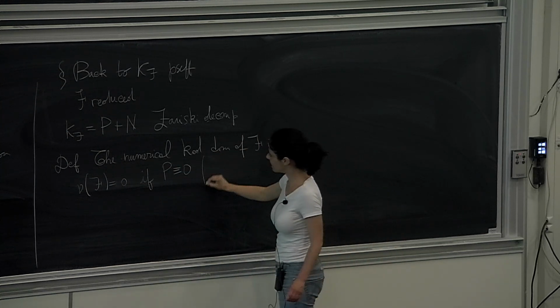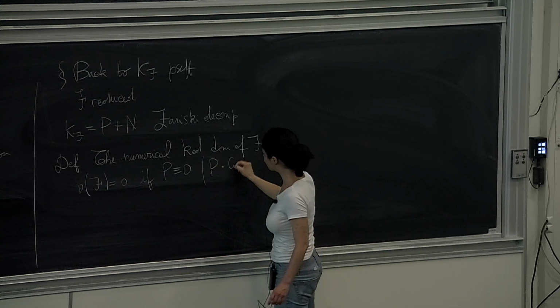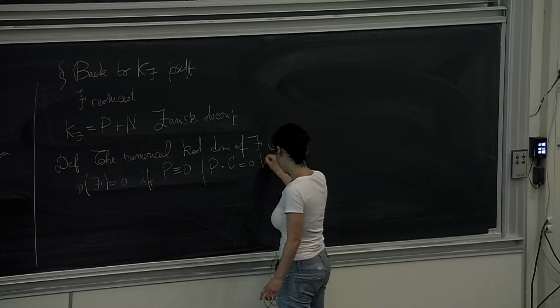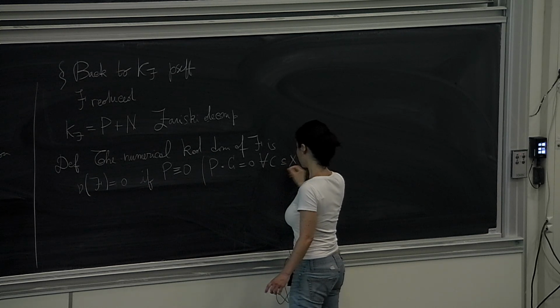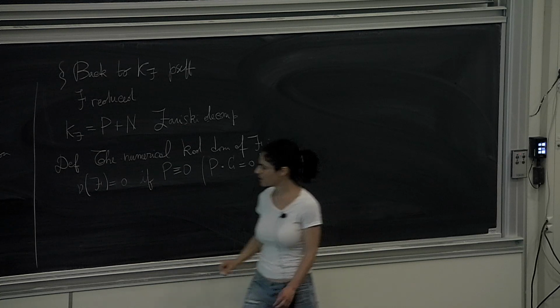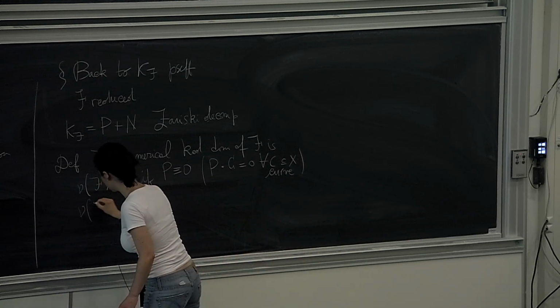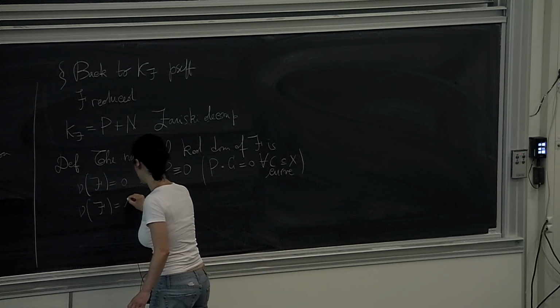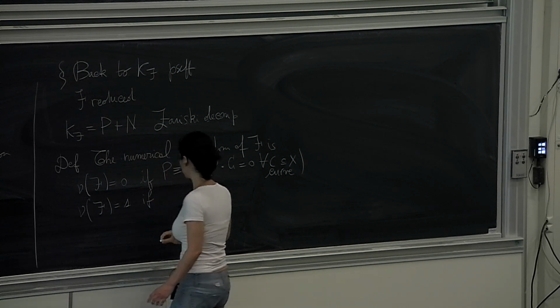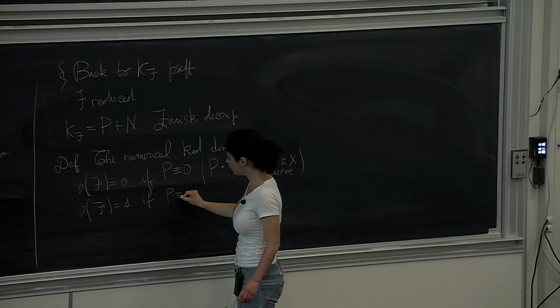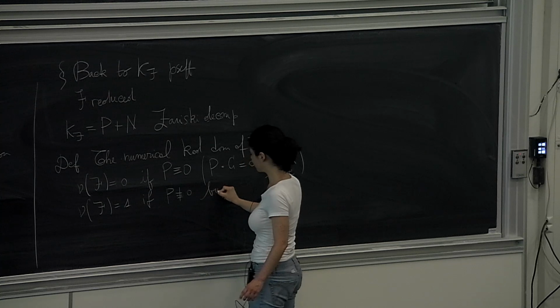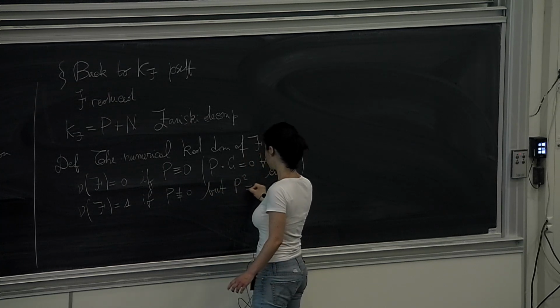So this means that the intersection of P with every curve is 0. We say that the numerical Kodaira dimension is 1 if P is not numerically 0, but P squared is 0.